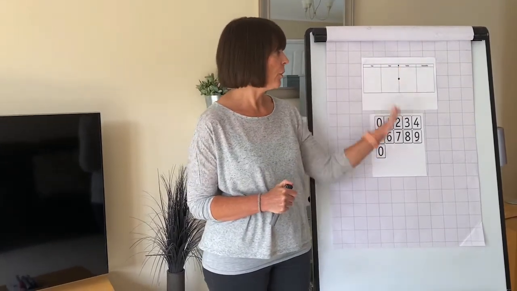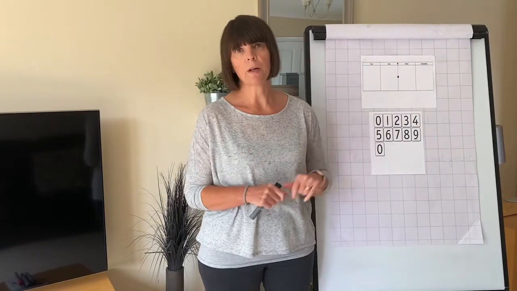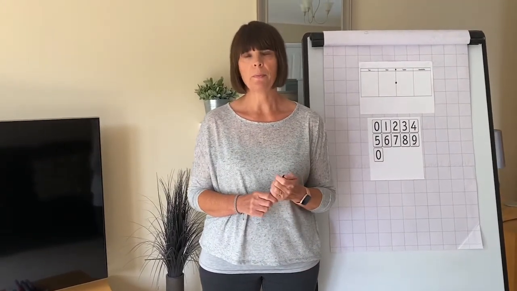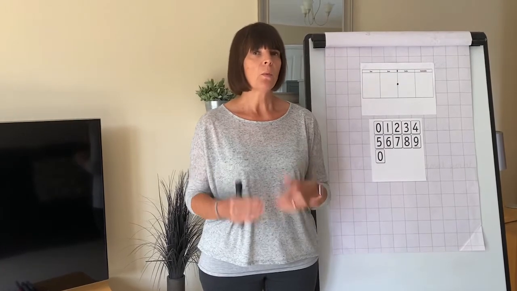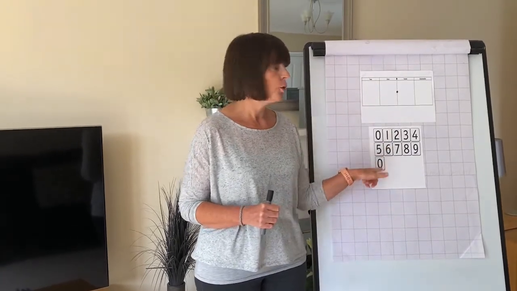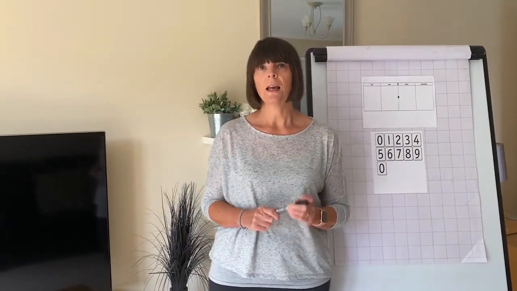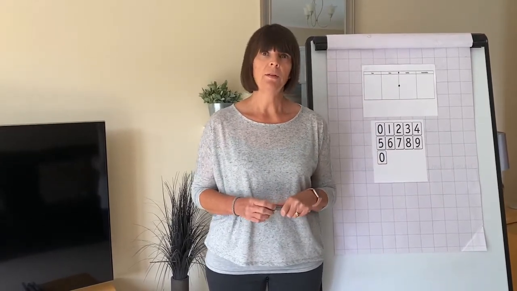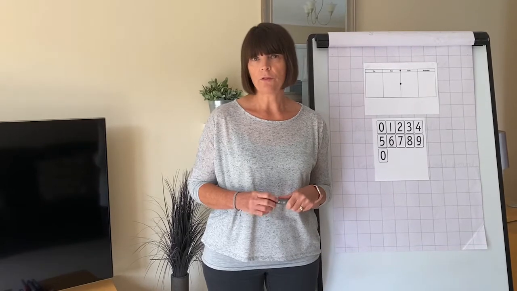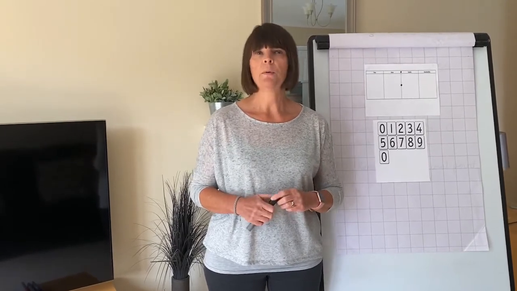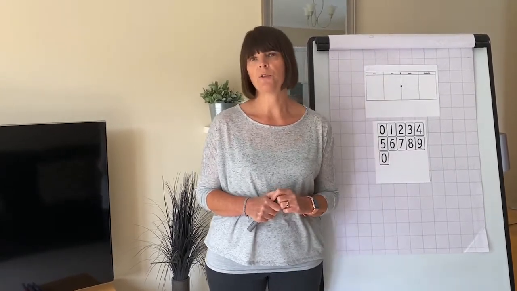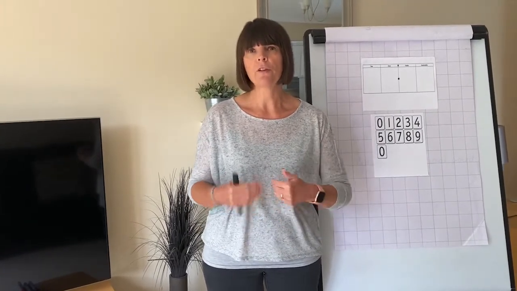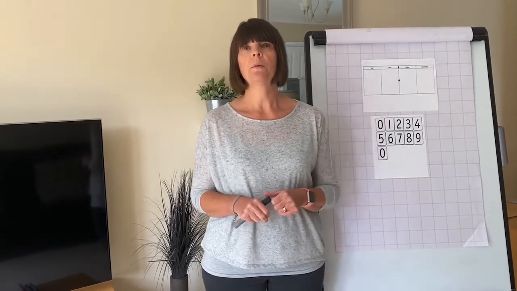If you haven't got them, don't worry, you can always make your own place value grid in your book, and you can always cut out some little pieces of paper and make your own digit cards. But I will say you're going to need 2 zeros for today's lesson, and you'll see why as the lesson progresses. So pause the video now and get your things ready, and I'll see you in a moment for our first objective, where we'll understand and write hundredths as decimals. So see you in a moment.